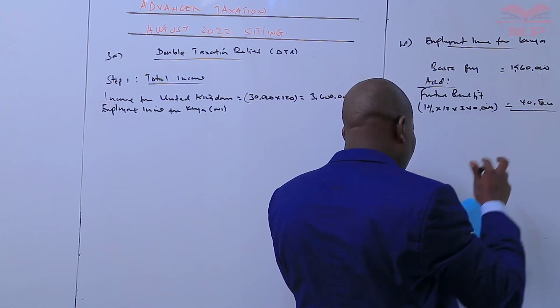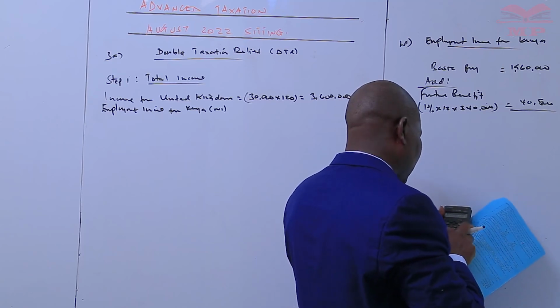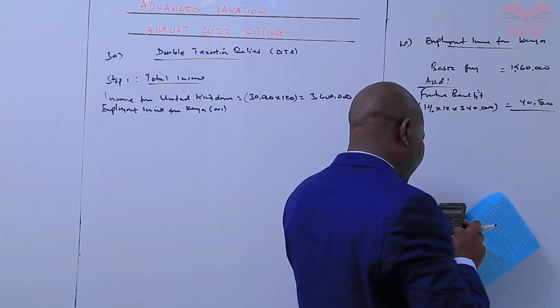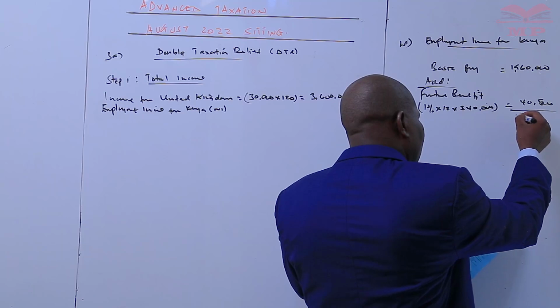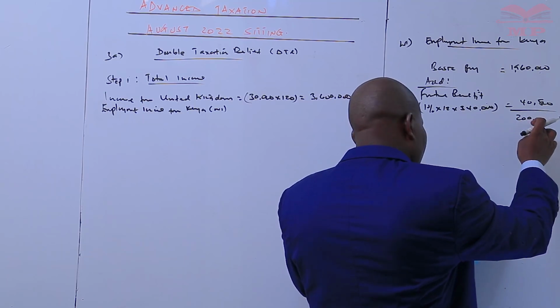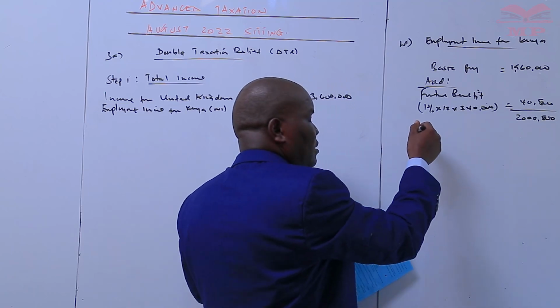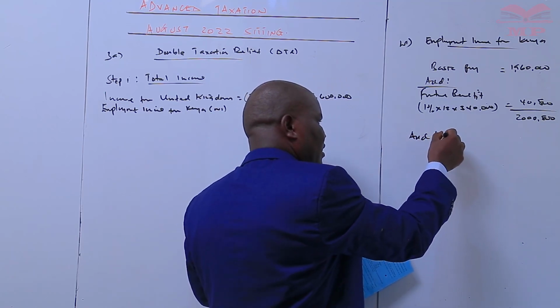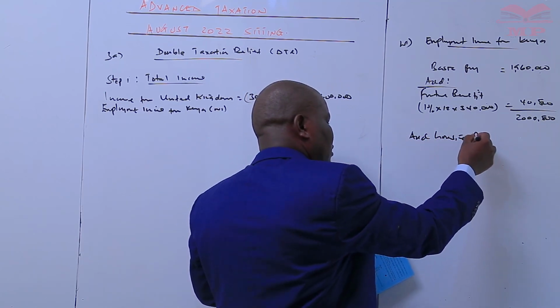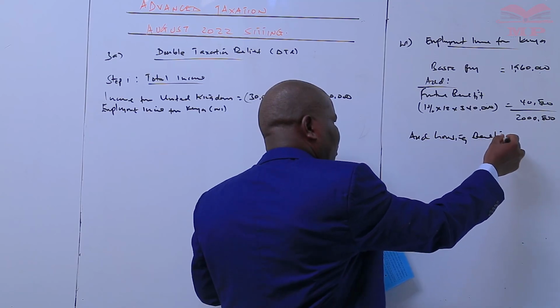Get the sum of that plus 1,960,000. That is 2,800,000. Then we add housing benefit. Housing benefit is 15%.